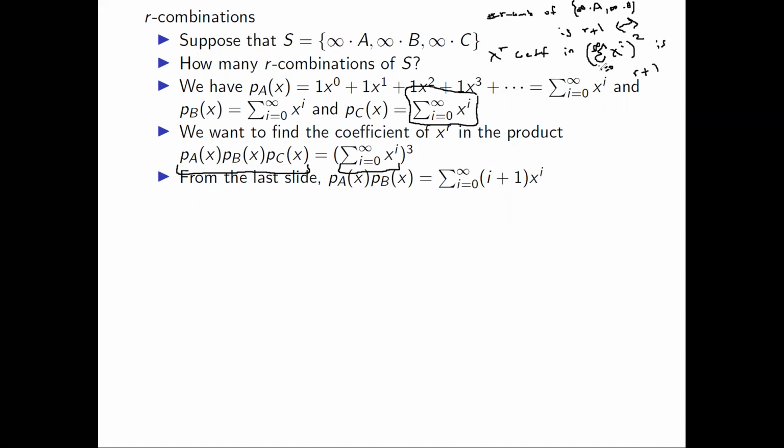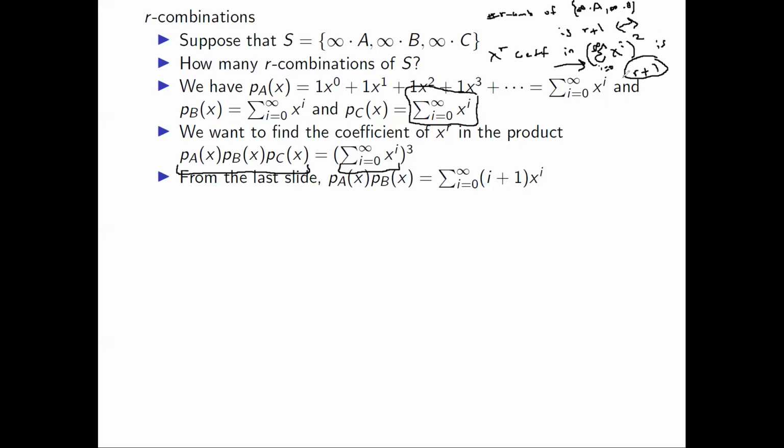So that's how we calculate the number of r combinations of the multiset with infinitely many A's and infinitely many B's. We just took the x to the r coefficient of this product, the sum from i equals 0 to infinity of x to the i, that quantity squared. And since that has an x to the r coefficient of r plus 1, what is that saying?